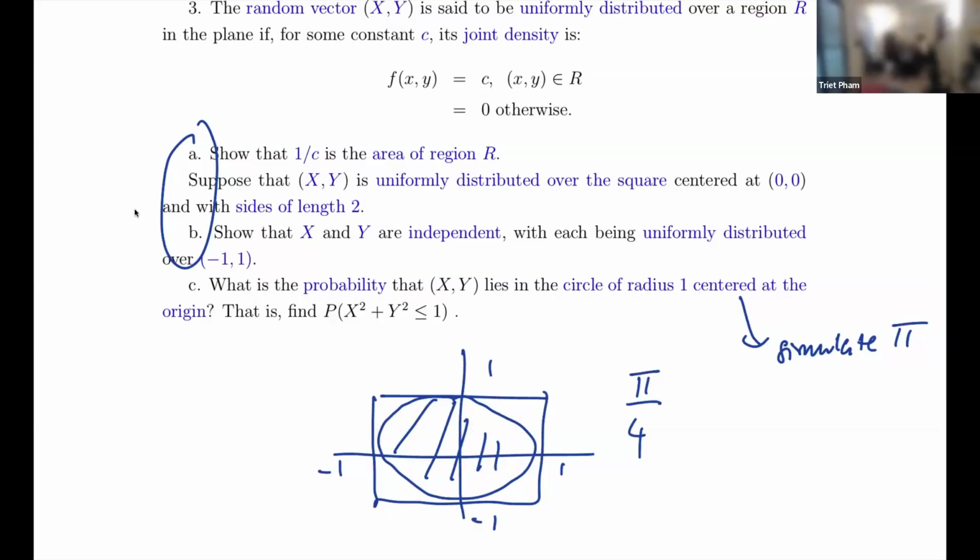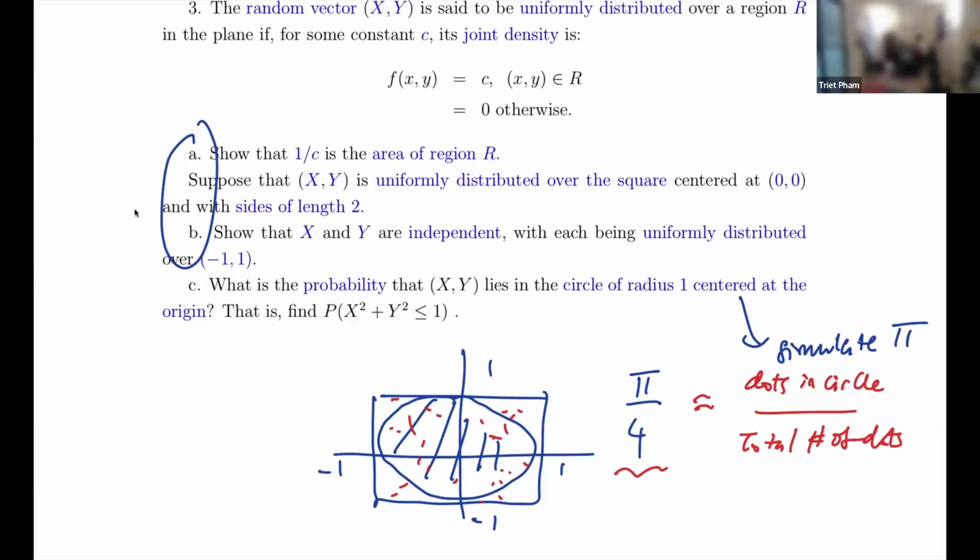If you keep throwing darts onto the board, assuming that you can do it uniformly, which is really the hard part, which is where the computer comes in, then at the end of the day, if you count the number of dots in the circle over the total number of dots, it will be approximately pi over 4. Or if you look at that ratio times 4, you will get an approximation of pi. All right.